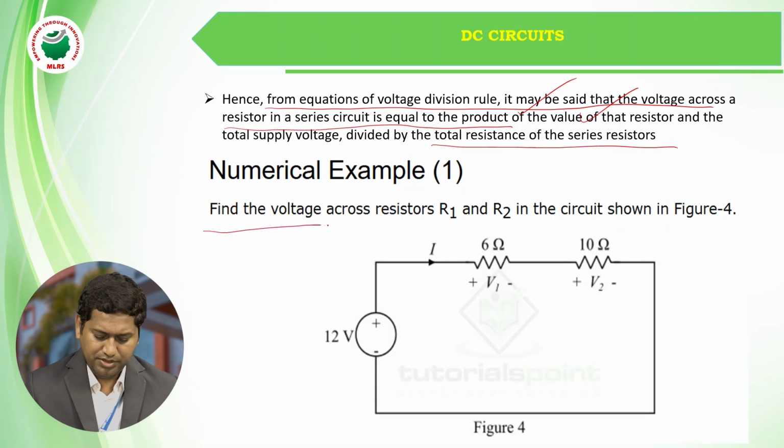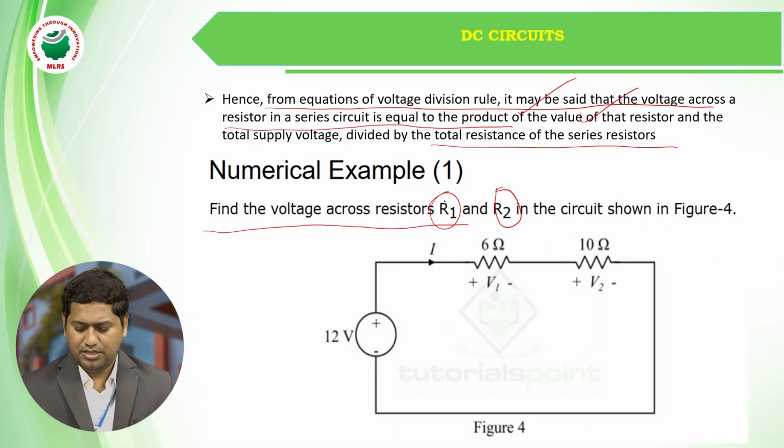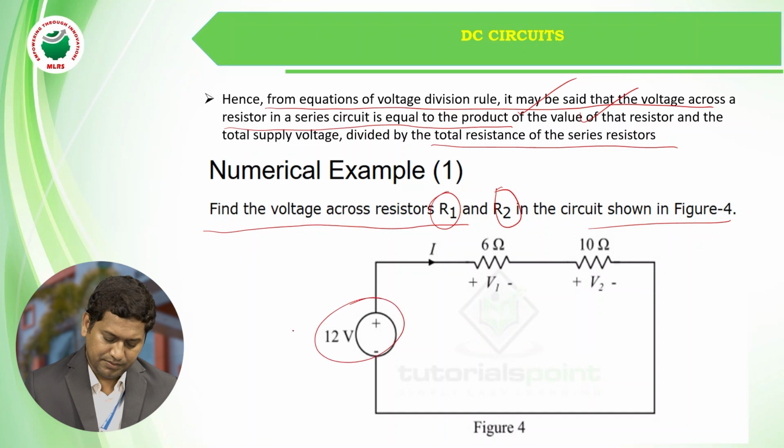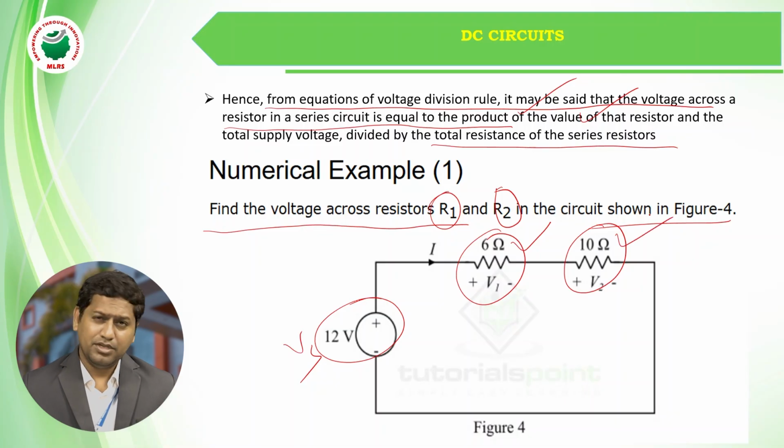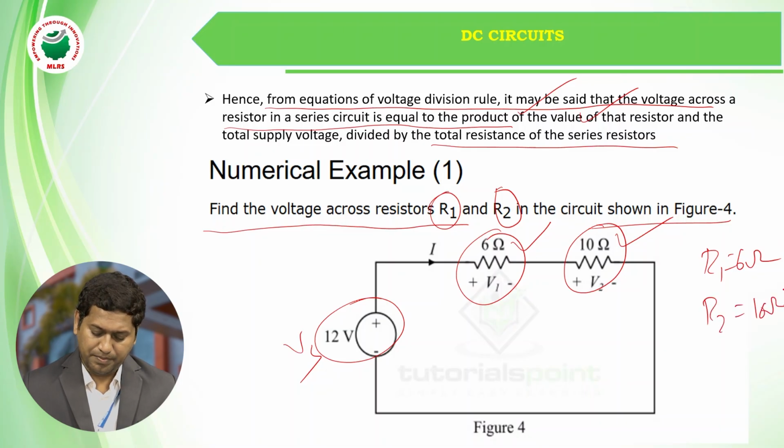So here, find the voltage across R1 and R2 in the circuit. Here I have a source voltage and two resistances, 6 ohm and 10 ohm. R1 is equal to 6 ohm, R2 is equal to 10 ohm.